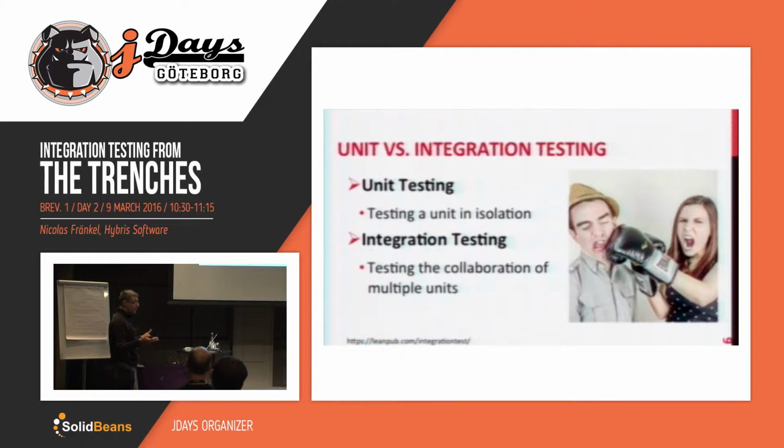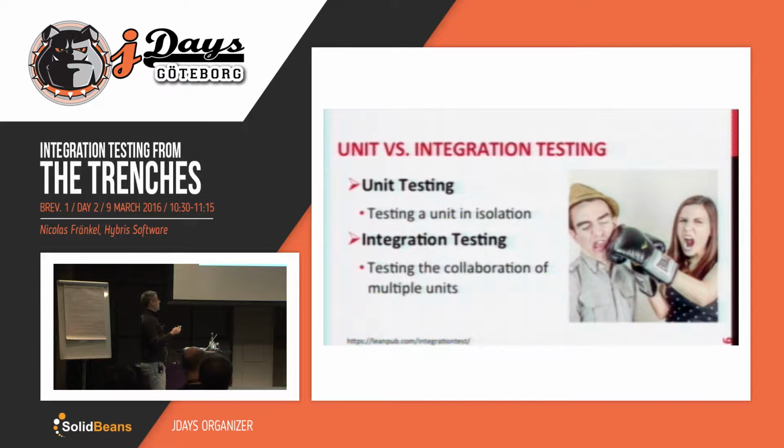So unit testing, as its name implies, you test a unit, so you test the unit in isolation. And integration testing is testing the collaboration of multiple units. Let's take a very simple example. We have a prototype car.